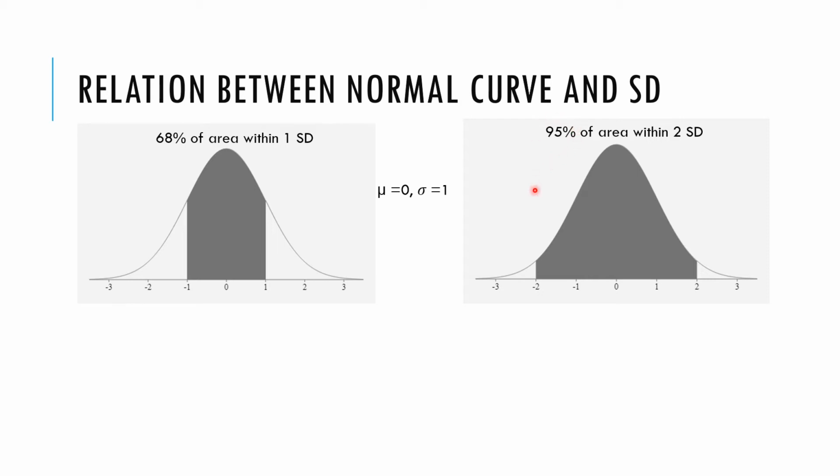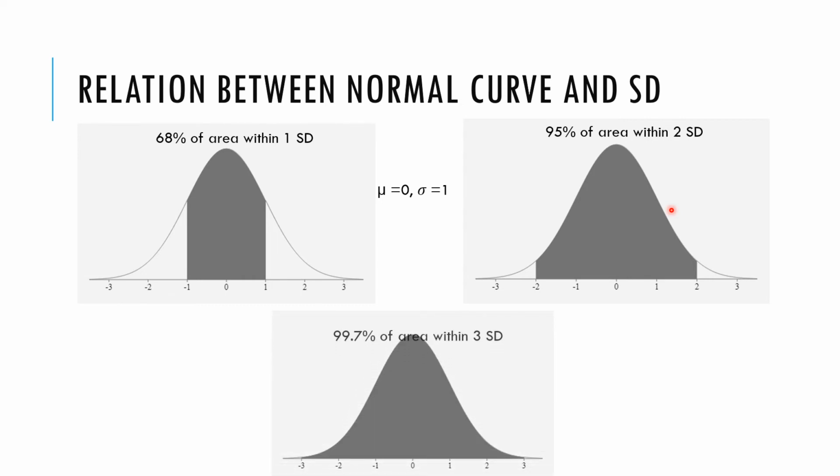So 95% is the probability of finding the value x within 2 SD from the mean under this normal distribution curve. The same goes for 3 SD, on both sides: minus 3 SD to plus 3 SD from the mean. There the probability of finding the value x is 99.7%.